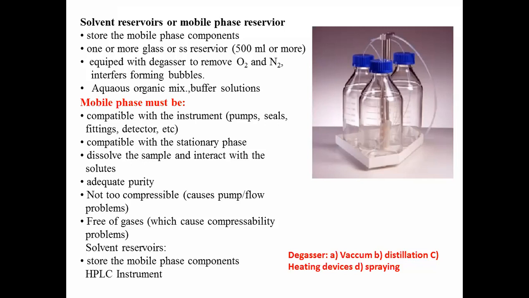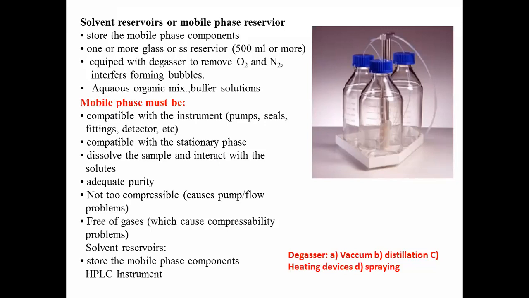Next part is, what about the ideal requirements of the mobile phase? How should it be? The mobile phase must be compatible with the instrument, because starting from the solvent reservoirs, that is the containers, there is contact of the mobile phase. The mobile phase passes through the pumps, injector system, the different types of columns, up to the detector system.